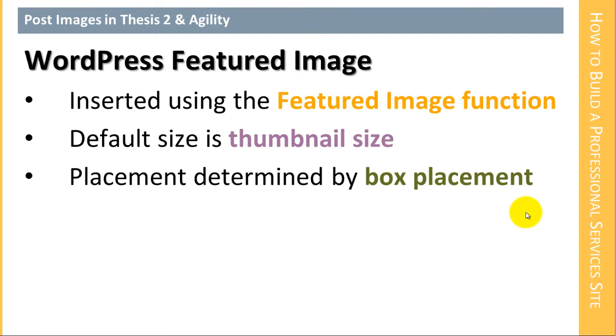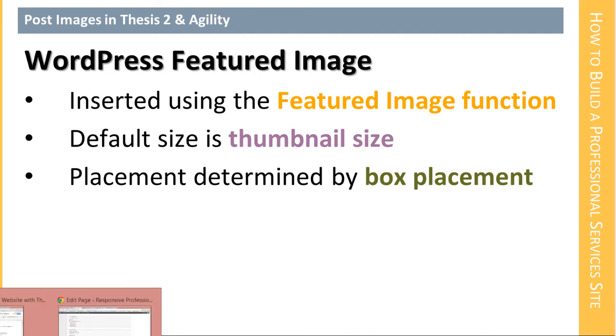Now, really, this has only been, I think, a year and a half in WordPress, where WordPress came up with the WordPress featured image. It is the WordPress implementation of the same or a very similar concept to the thesis post image. And the WordPress featured image is inserted using the featured image function.